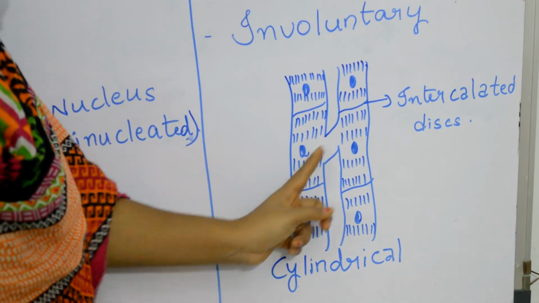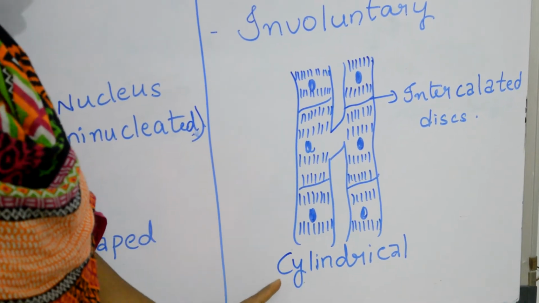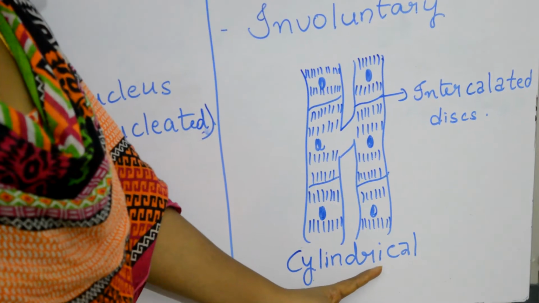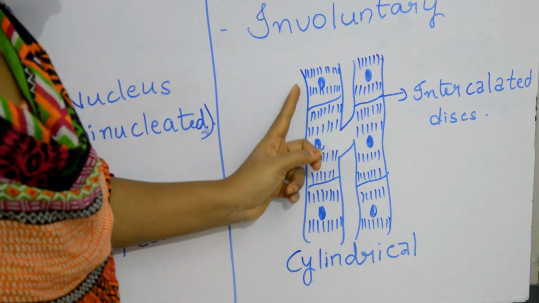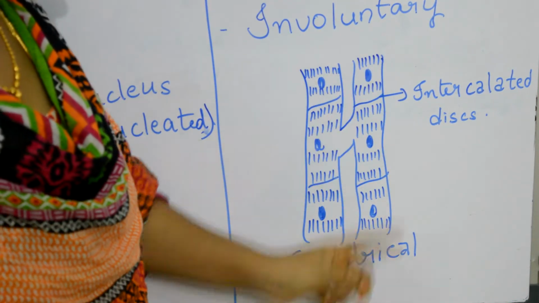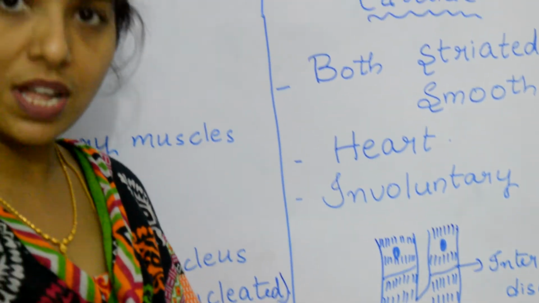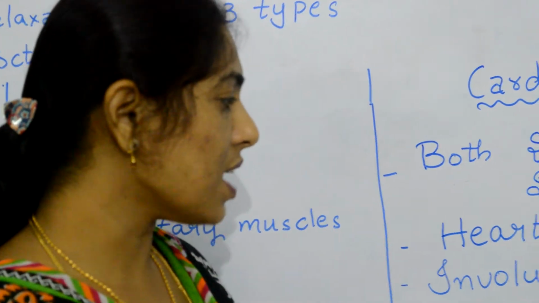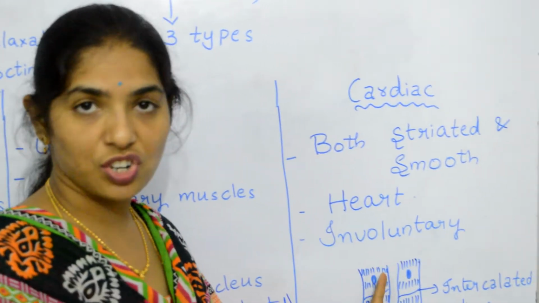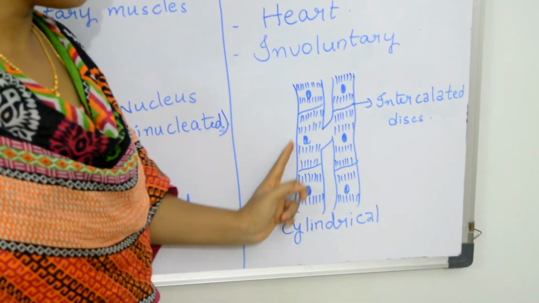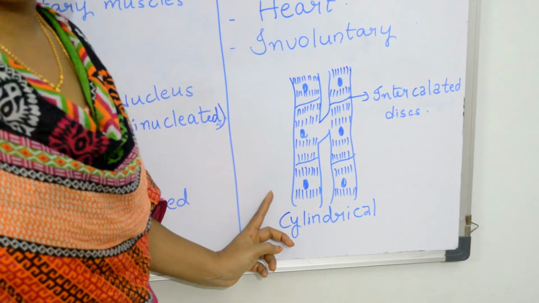You can find the branched fibers here, and they are cylindrical in shape just like striated muscle, and they also have striations. Once again I repeat how they resemble striated muscles: they have the dark and light bands, they have striations, and at the same time they are cylindrical in shape.